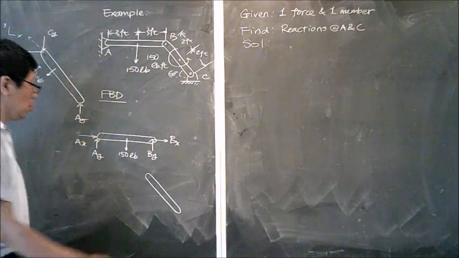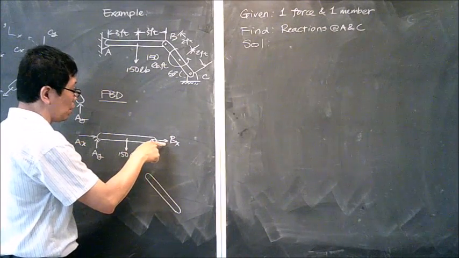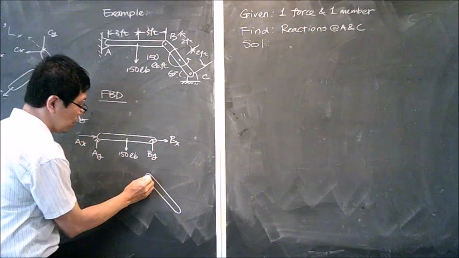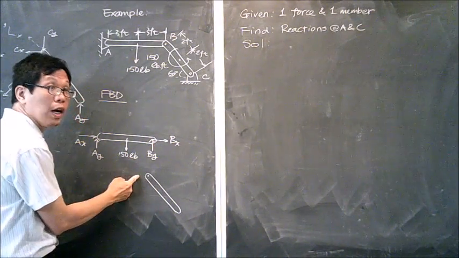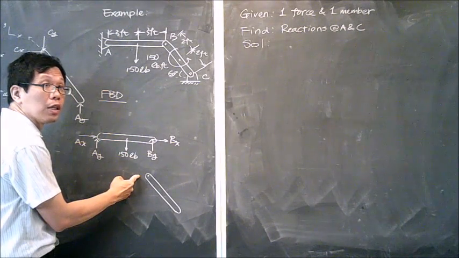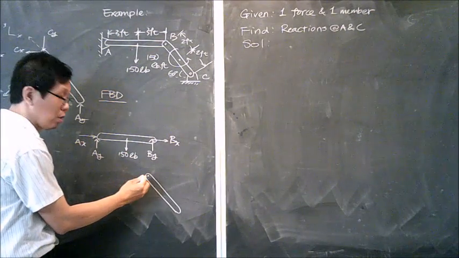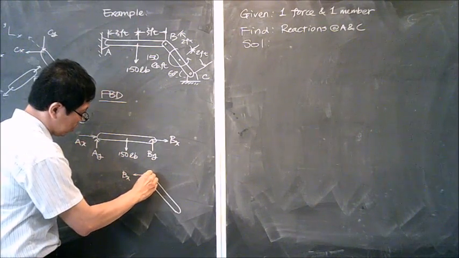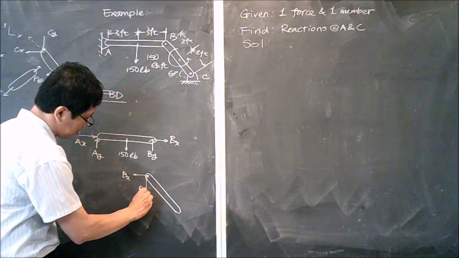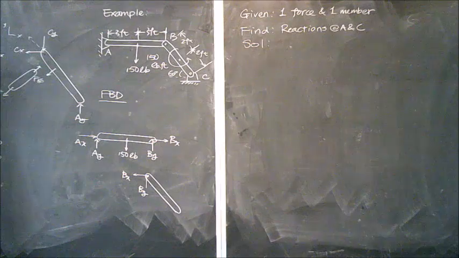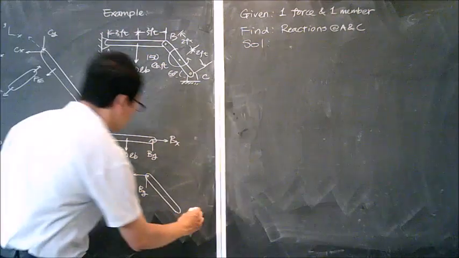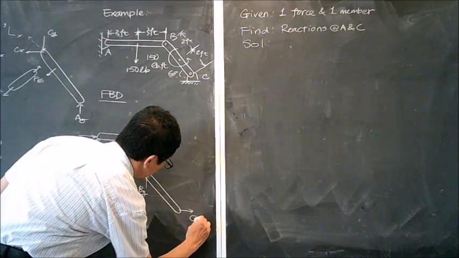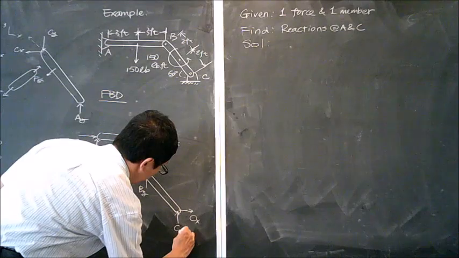Okay? So since I say both of the forces are in the positive direction over here, what do I do at this position on the other member? Opposite. Same for C. It's going to be Cx, Cy.